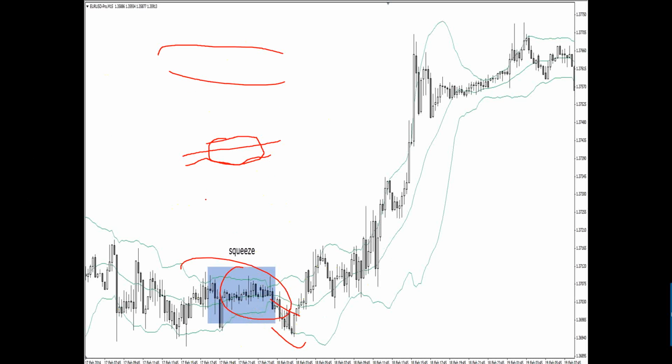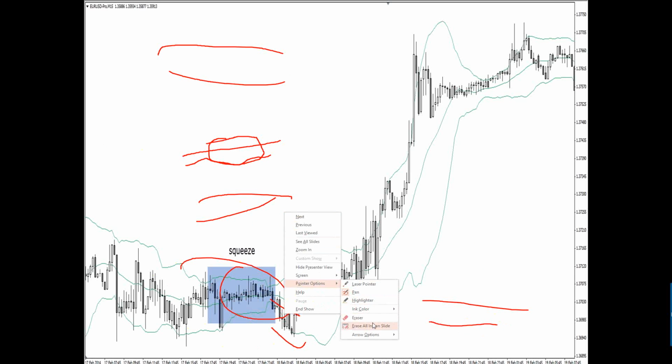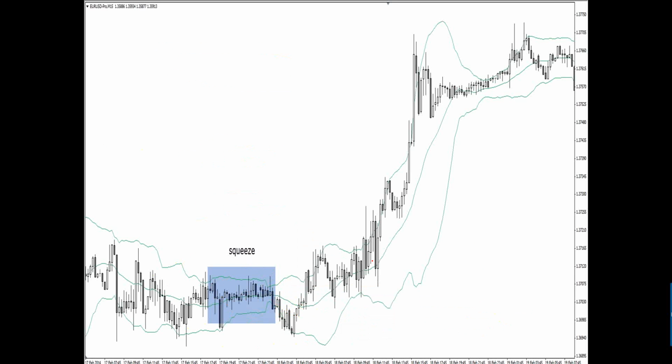Actually, when we see a squeeze, we know that both of these bands are converging. They are converging, it looks like they're going to touch. When there is a breakout, we can identify that breakout as a divergence. So basically, it's not a typical divergence we see on MACD or other oscillator indicators.